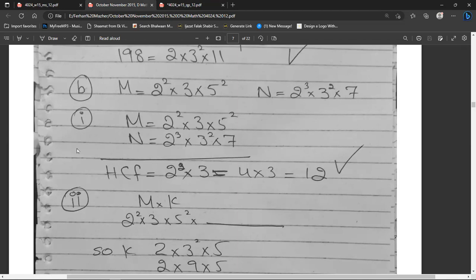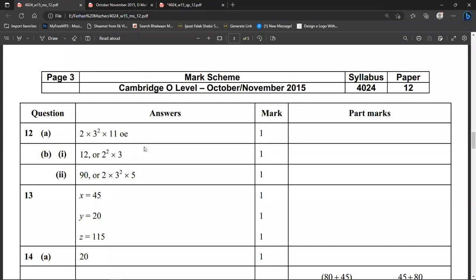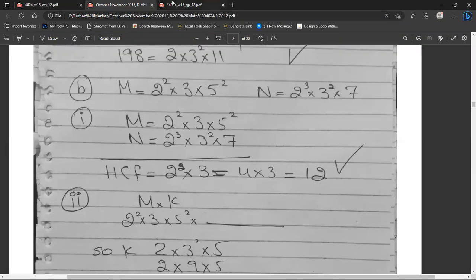So these are the common factors. So 2 square is 4, 4 into 3, that is 12. So 12 is a number which can exactly divide these two numbers. So my answer is 12. So that answer is right, sir.